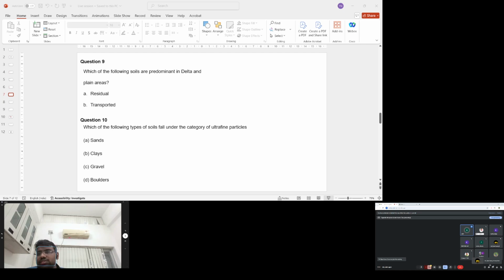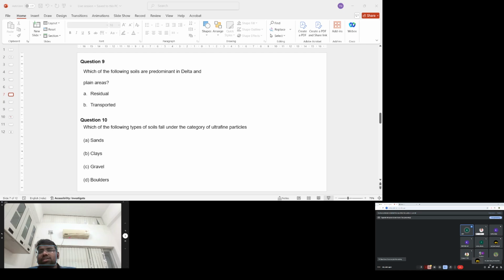Imagine a stream that is starting from a hill and coming down, widening its course and becoming a river, carrying tons of sediments along with it. So when the velocity reduces, what happens? It can be sedimented at that place only. It will be deposited, right?